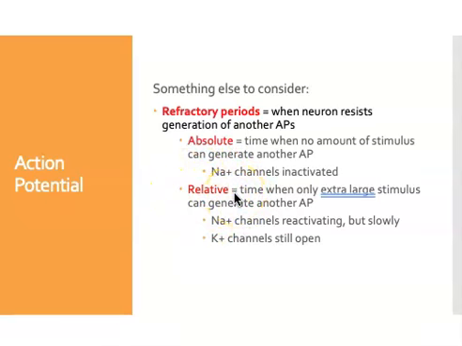Now, you'll understand that a little more clearly when we talk about the relative refractory period. The relative refractory period is the time when only an extra large stimulus is going to generate another action potential. Why? Well, because the sodium channels are going to reactivate one at a time. So during the relative refractory period, any of the sodium channels that have reactivated will be able to generate another action potential.